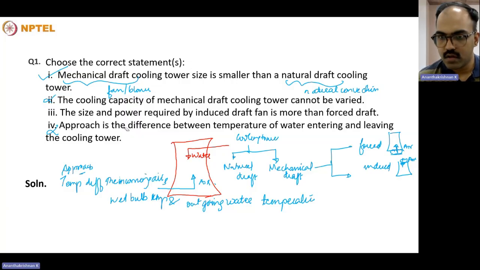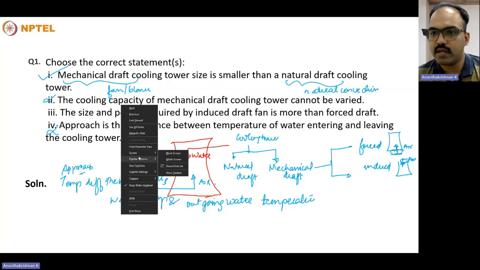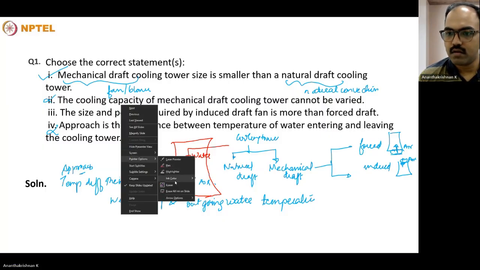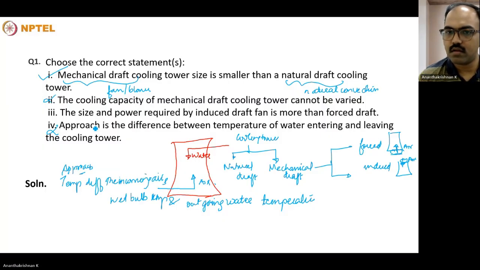Now we can look into option 3. The size and power required by induced draft fan is more than the forced draft. It's wrong. Induced fan is much more energy efficient compared to the forced draft. In the case of induced fan, we keep it at the top.